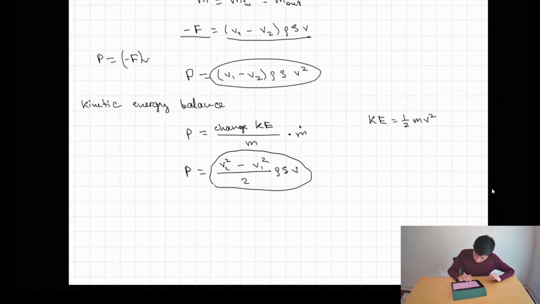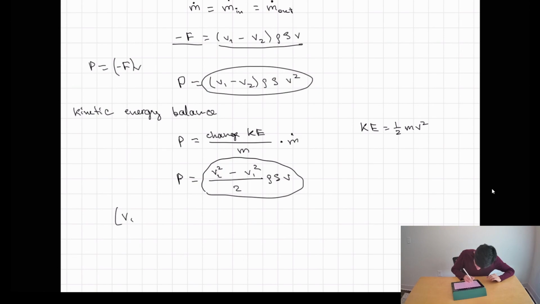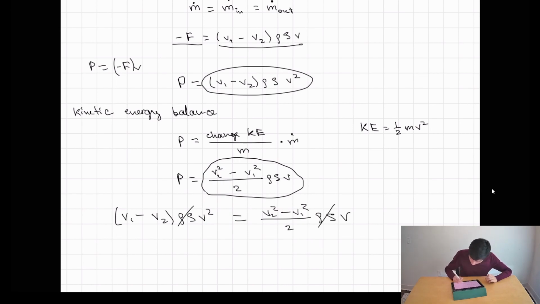So it is (V1 minus V2) rho S V squared is equal to (V2 squared minus V1 squared) over 2 times rho S V, right? So this is going to get cancelled, the velocity is going to get cancelled.